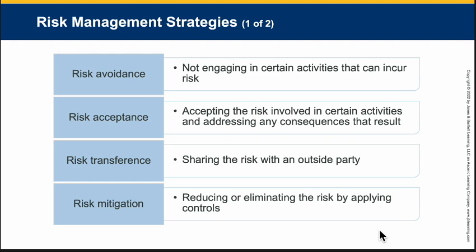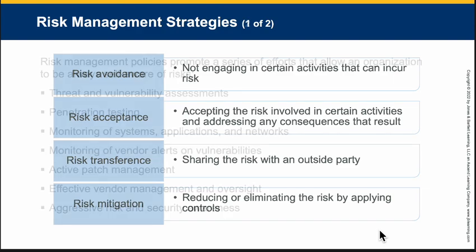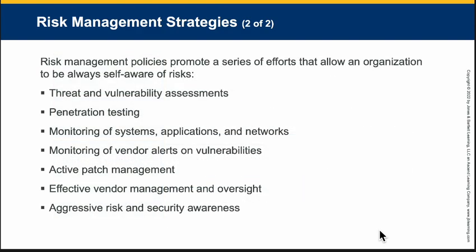As mentioned earlier, for risk management strategy, there is a need to promote the policy in terms of threat and vulnerability assessment, penetration tests, monitoring systems, vendors, patch oversight, and awareness.